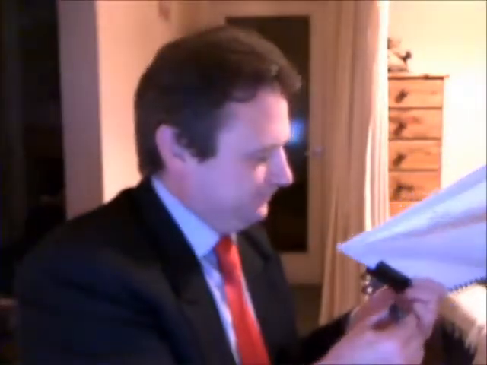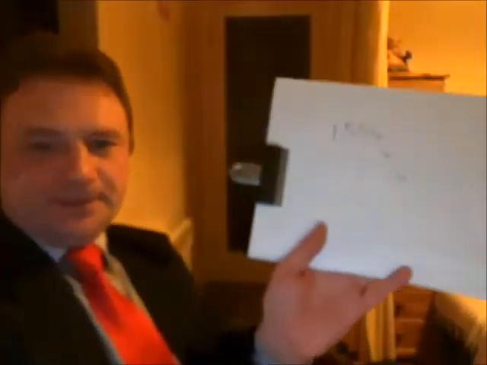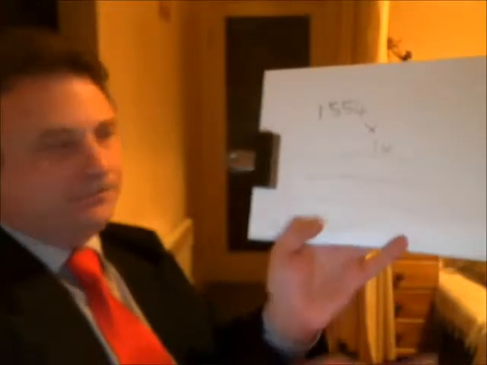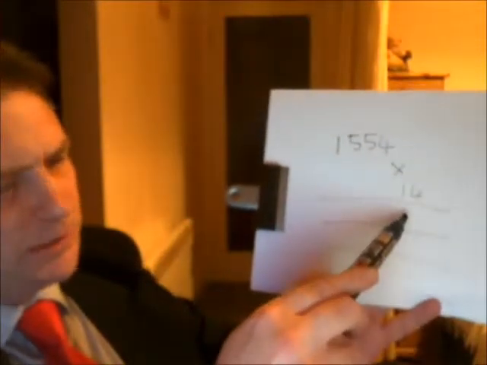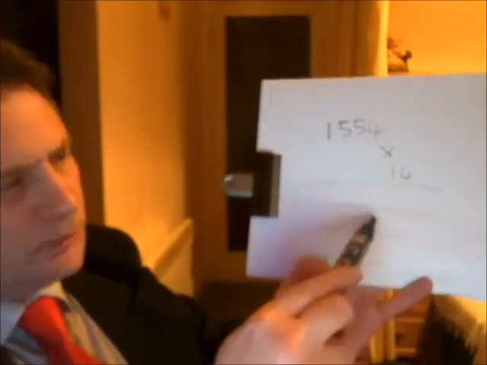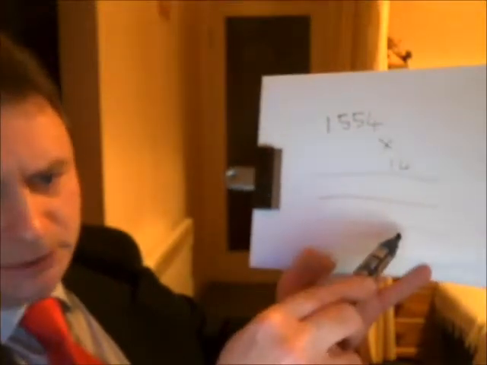Ah, the joys of having a second pen. It is tricky to do this actually, to be honest with you. Why have I added so many lines under there? Line number 1 is for your units. Line number 2 is for your tens. Line number 3 is your total.